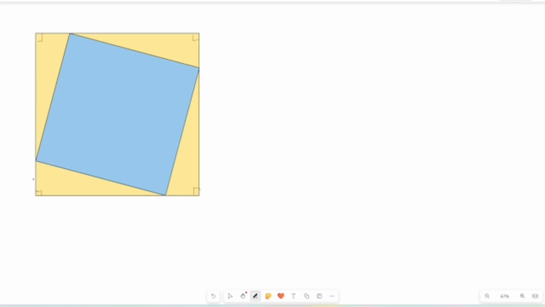So let's label some sides. We'll have A there, which is just from the corner here down to there. B there, C there. This one's exactly the same size, so we've got an A here, B here, and a C here.